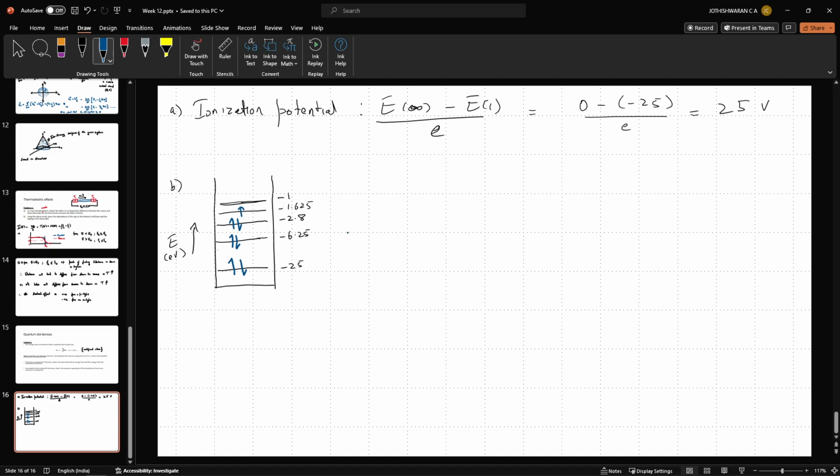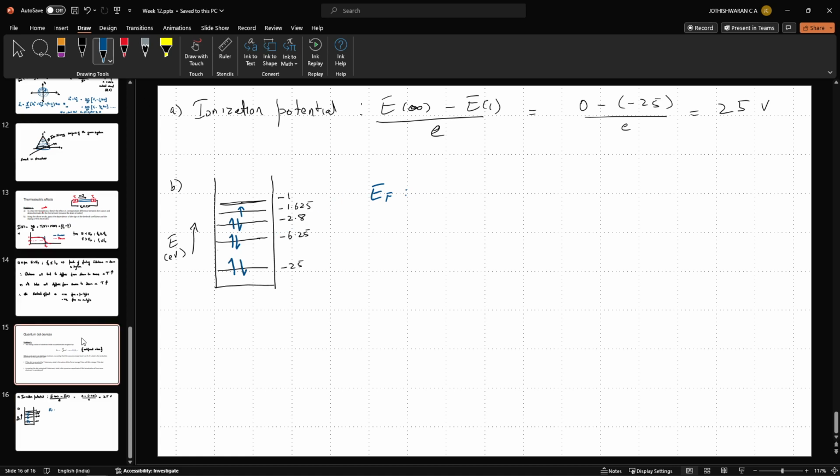So now the question is, what is the Fermi energy, E F? Typically we define it as the highest energy an electron can have in a system at T equal to 0 Kelvin.